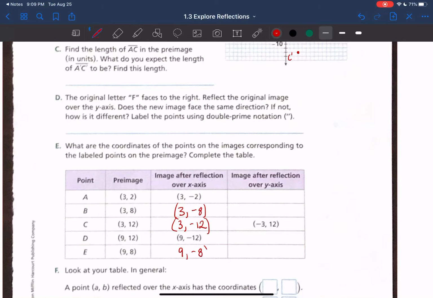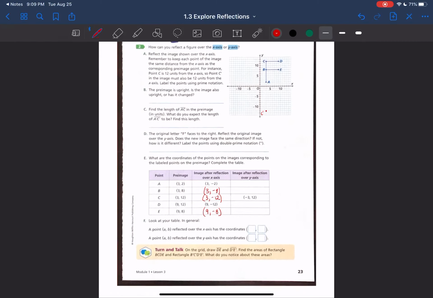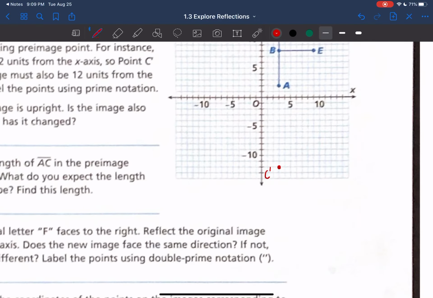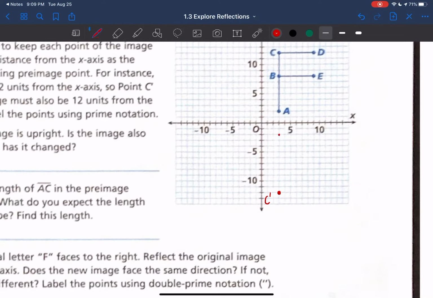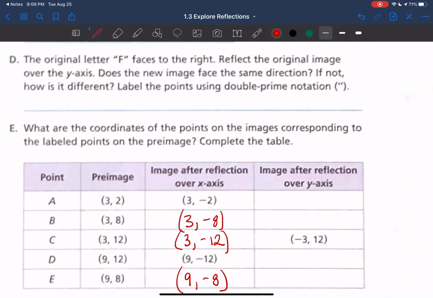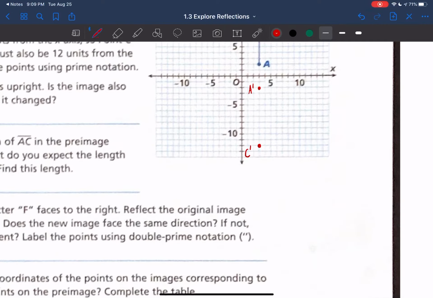(9, -8). All right, so let's go ahead and plot those points. So A prime should be at (3, -2). So (3, -2), that's A prime. Then B prime should be at (3, -8). So we'll plot that. 3 down to -8. That's B prime. We already did C prime.